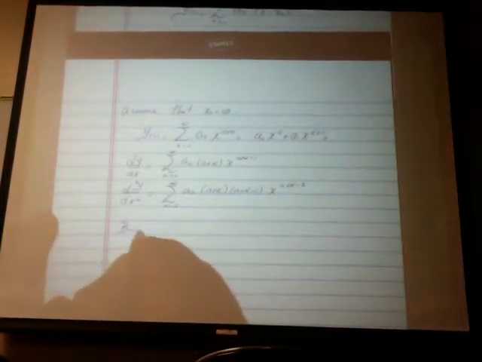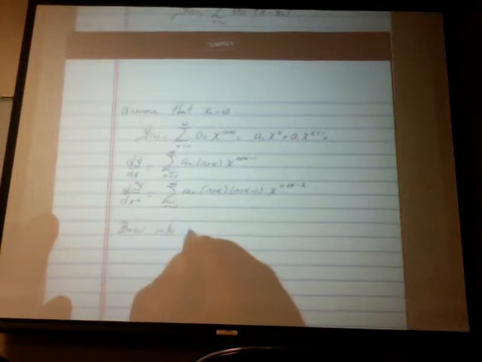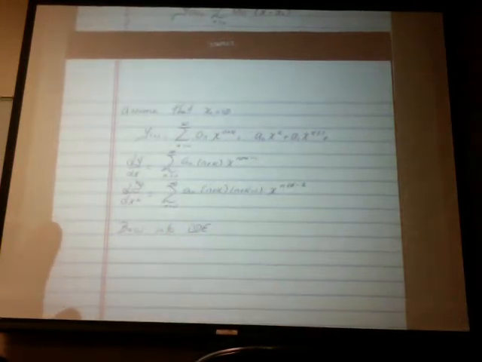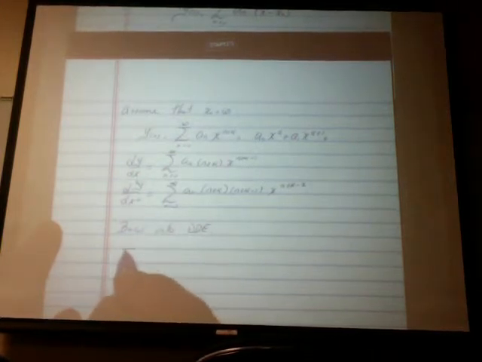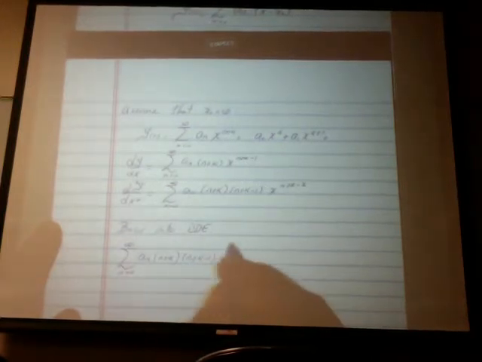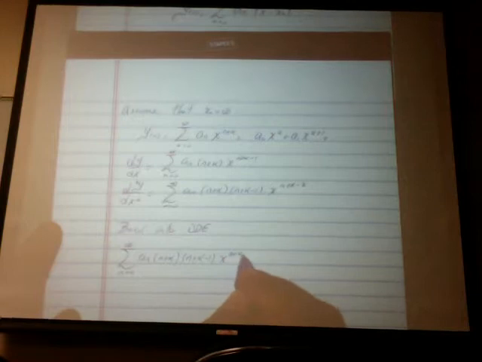So back into the ODE. Remember the ODE that was given is the second derivative, so that would be the summation from n equals 0 to infinity of n plus k times n plus k minus 1 times x to the n plus k minus 2.